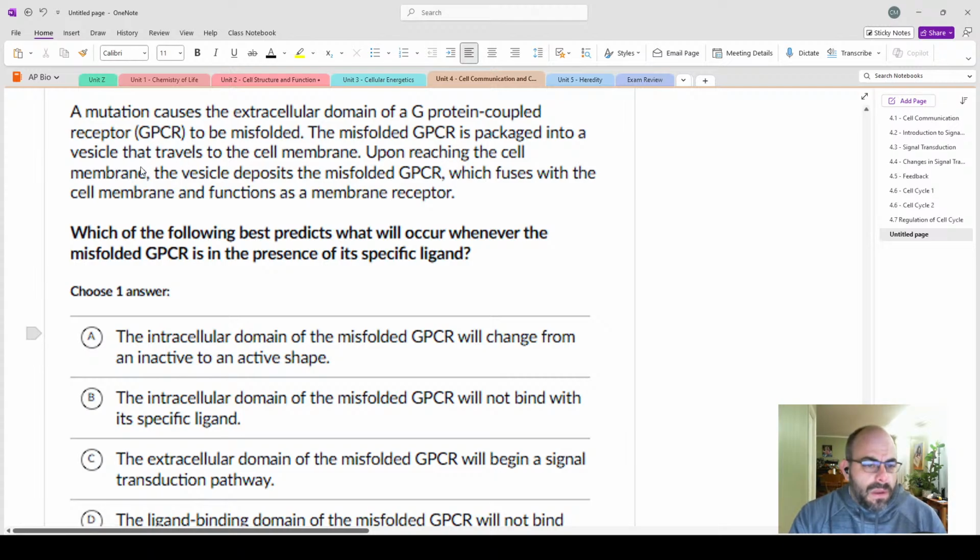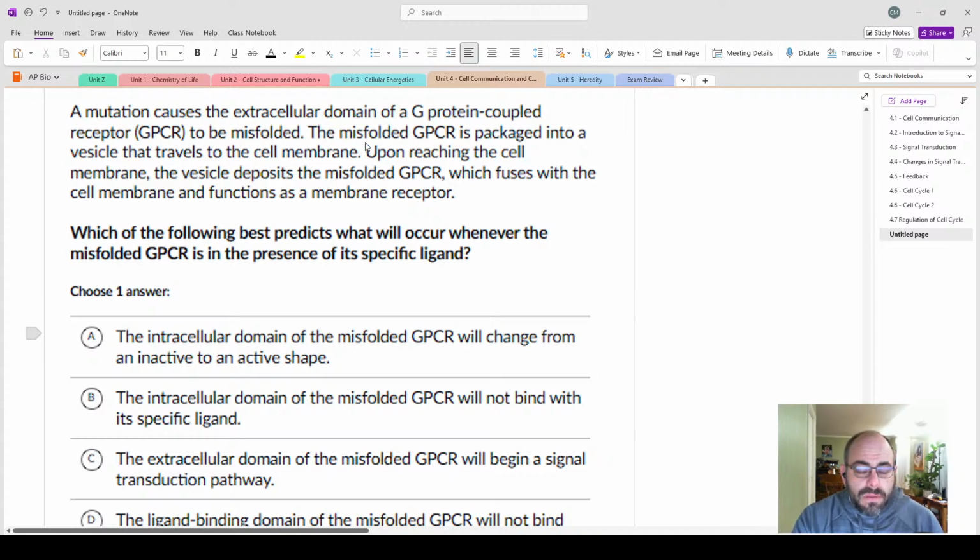All right. Mutation causes the extracellular domain of a G protein coupled receptor to be misfolded. So extracellular just means outside the cell. Okay. We already know where we're going with this, right?